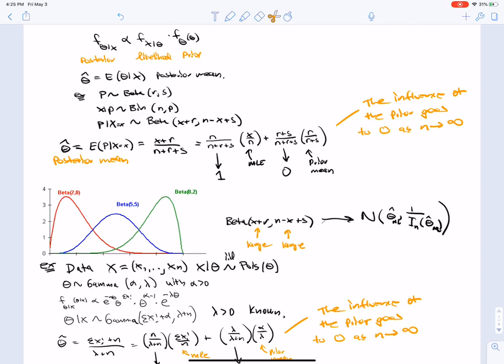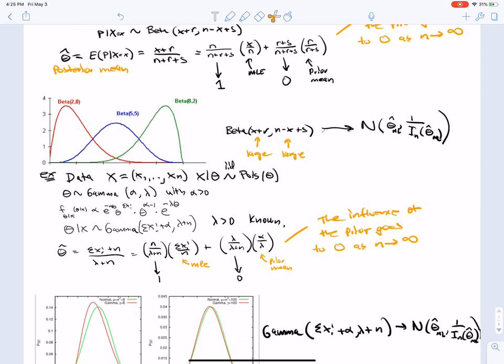We'll see that it's normal with mean the maximum likelihood and variance 1 over the sample Fisher information. And you can actually just see that when our two parameters are large, the beta is approximately normal.